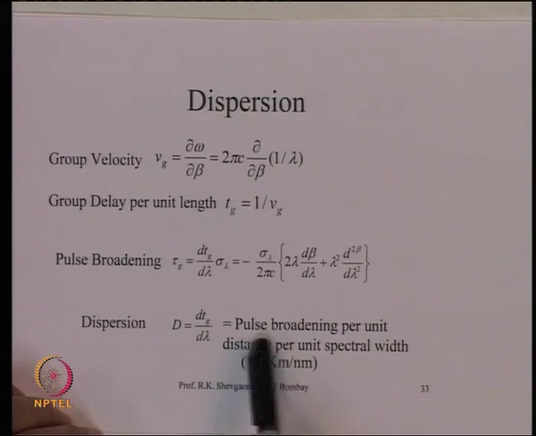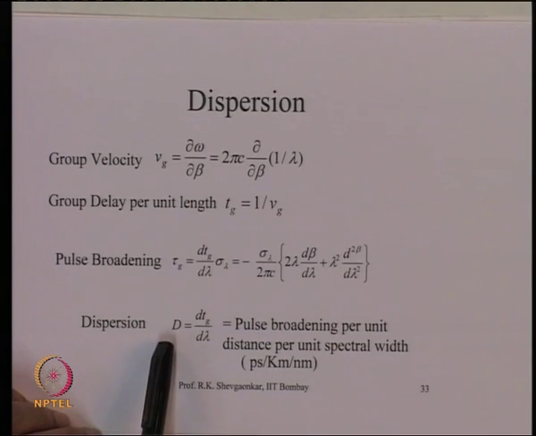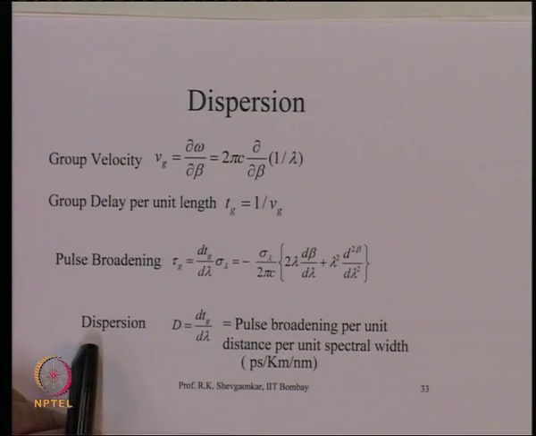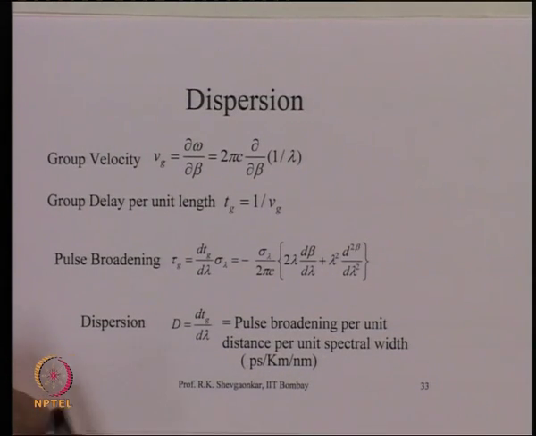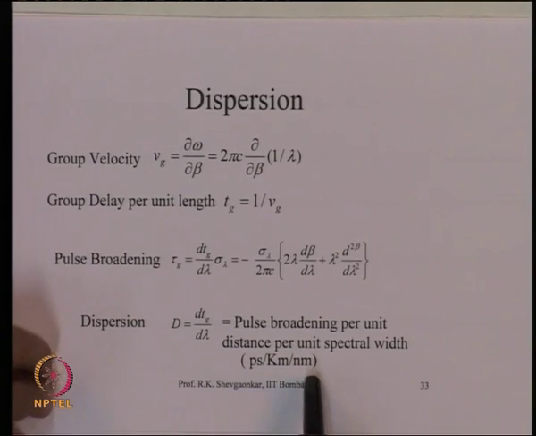So, you can see from here the unit for dispersion would be pulse broadening, which normally is measured in terms of picosecond, per unit distance. So, you have per kilometer and per unit spectral width of the source, which is nanometer. So, for the dispersion, we have a unit picosecond per kilometer per nanometer of the spectral width of the carrier.